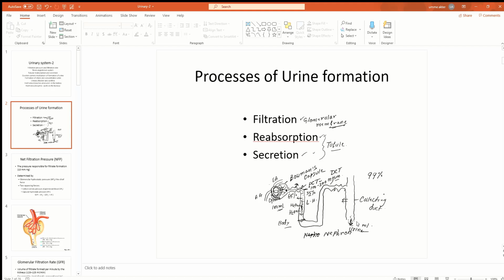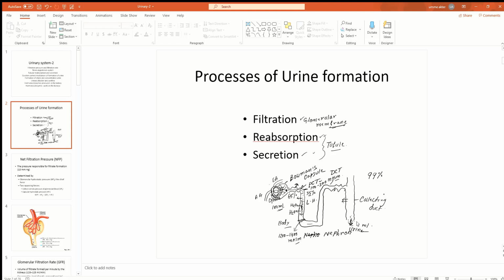Now, if you measure here the concentration or osmolarity of the fluid, it is about 1200 to 1400 milliosmol. So you see the concentration goes up a lot because the water is leaving.